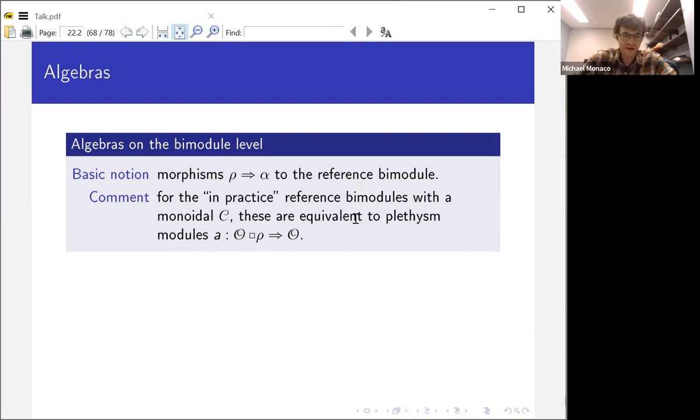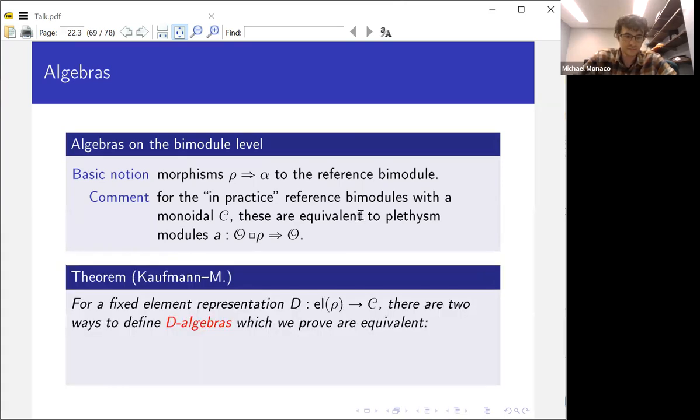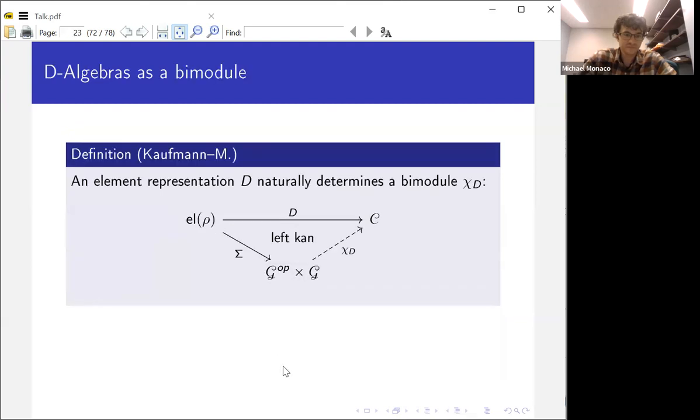Okay. So you can do them on the bimodule level, but you can also do them on the element representation level. For a fixed element representation, there are actually two different ways to define a D algebra. And we proved that those two things are equivalent. There's a bimodule version and an element representation version. You'll see what I mean very shortly.